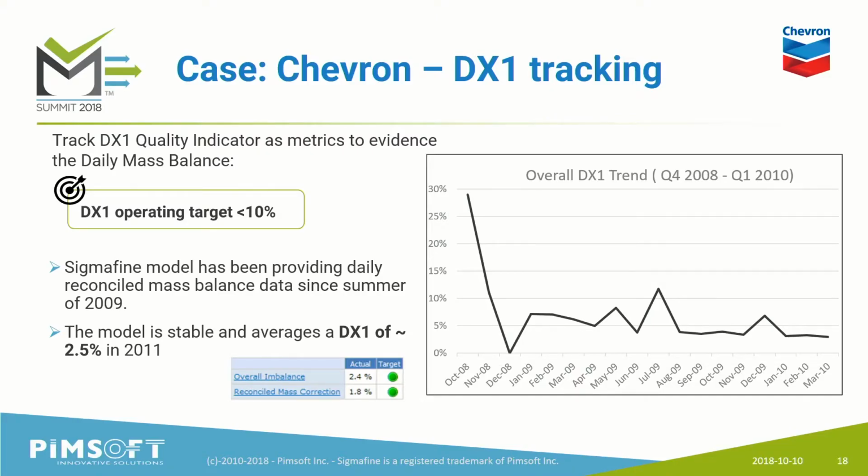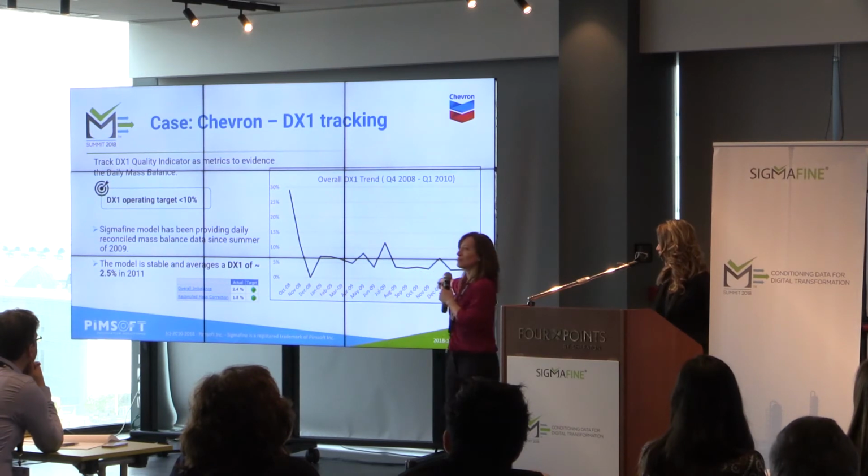They could finally reach a much smaller value than the suggested target. The suggested target is below 10%. Now they are at 2.5%. So you start from panic and you go to good data.